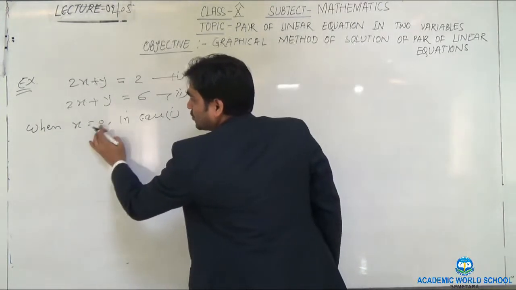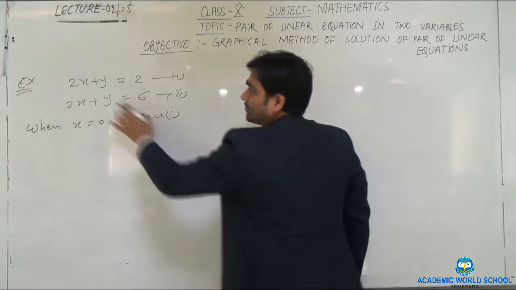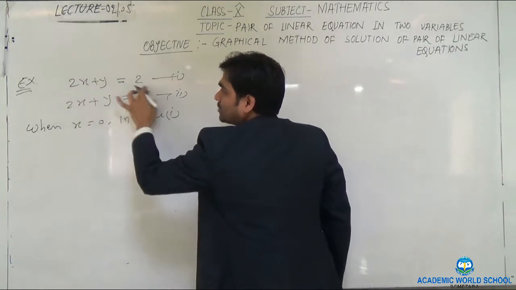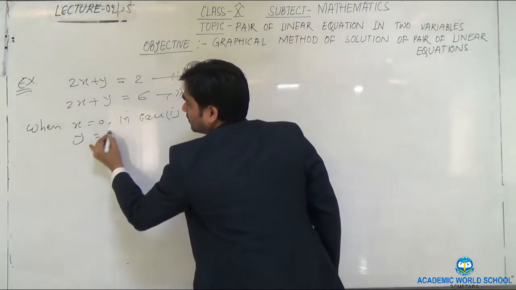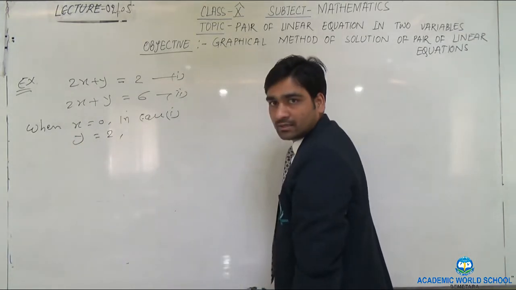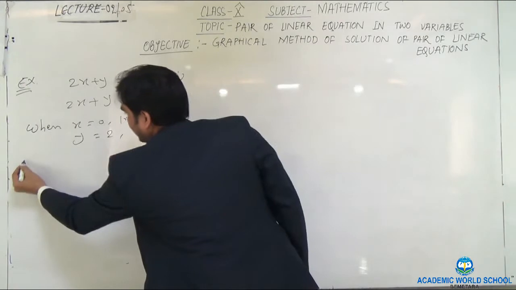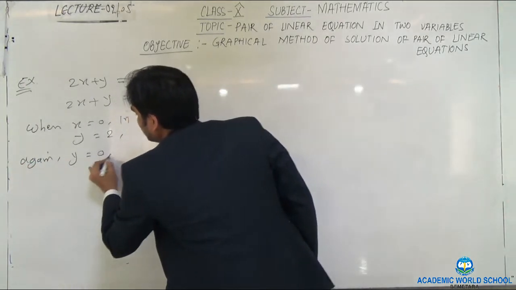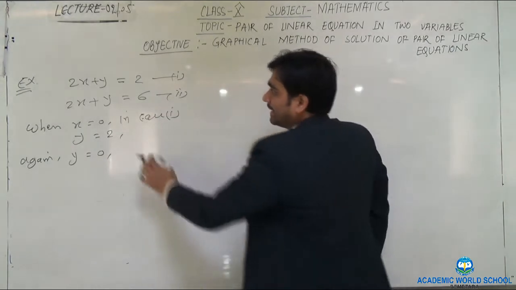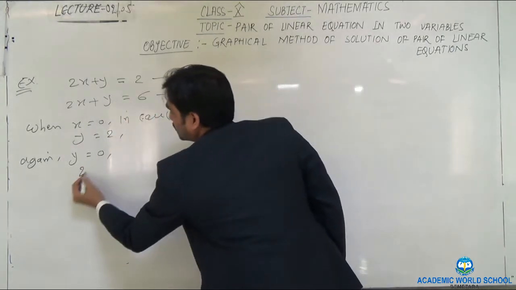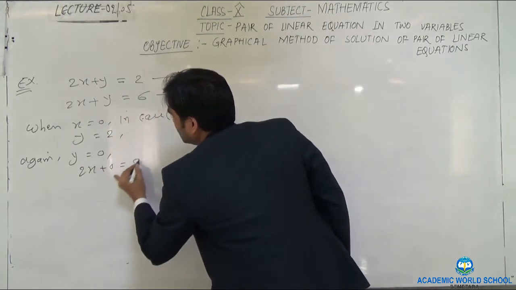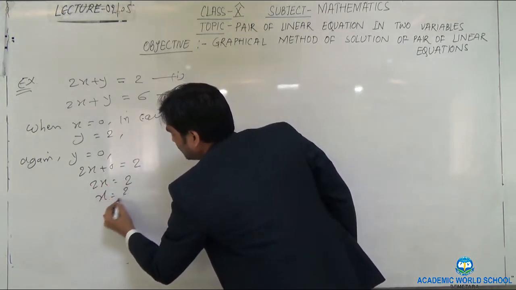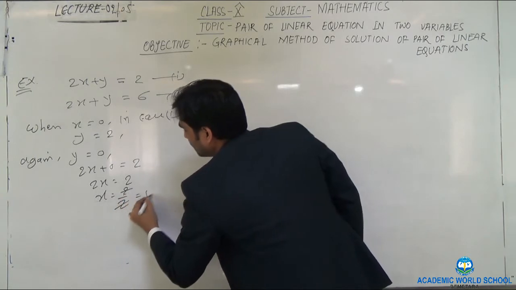If we take x equals to 0 in equation number first, what will we get? This term becomes 0, so y is equal to how much? 2. Correct? Now again, second, take y equals to 0. If y is 0, then 2x plus 0 is equal to 2, so 2x is equal to 2, so x is equal to 2 by 2, both cancel, 1.